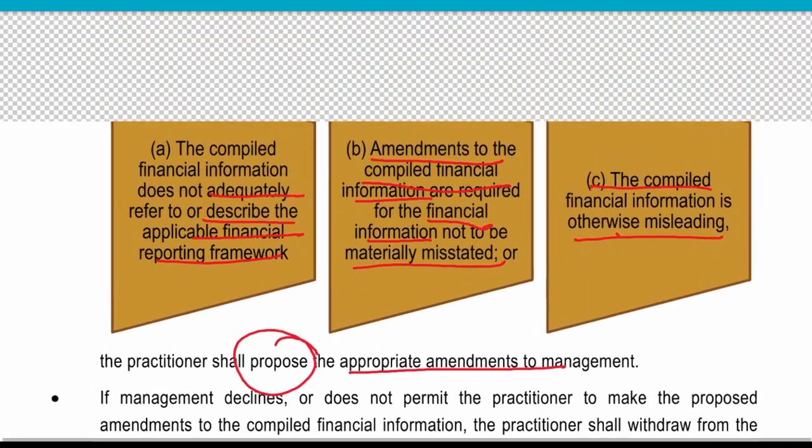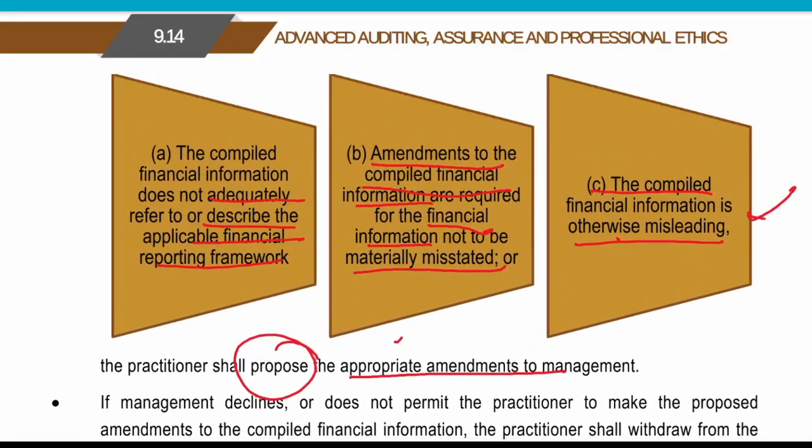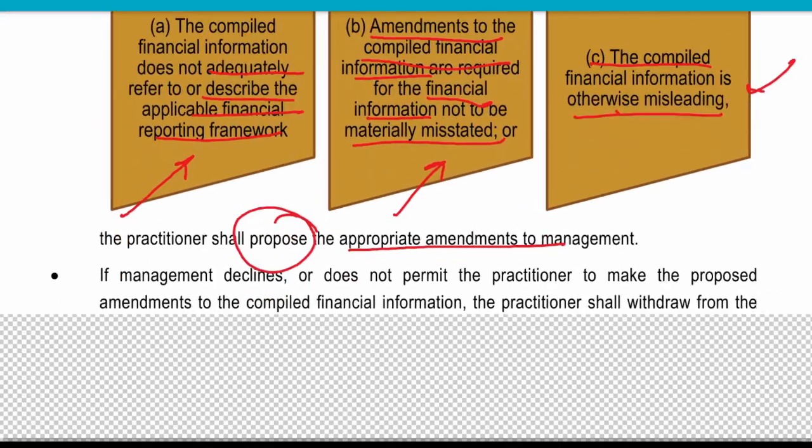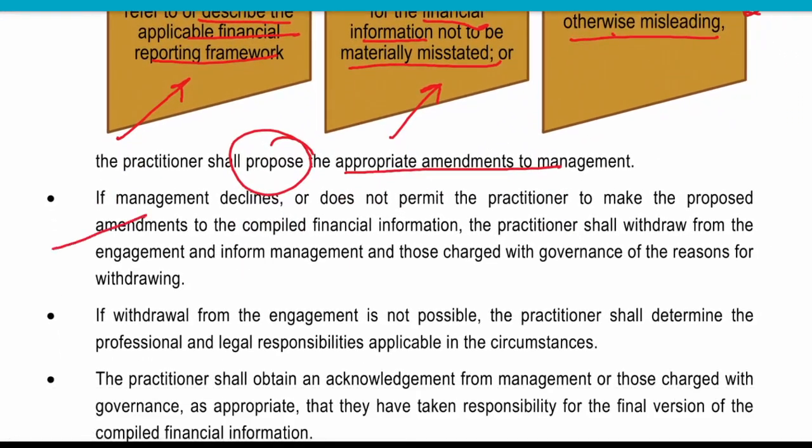That means if it is misleading, misstated, or not as per the applicable framework, then you need to ask the management to amend accordingly. But if the management declines, then you can withdraw from the engagement.